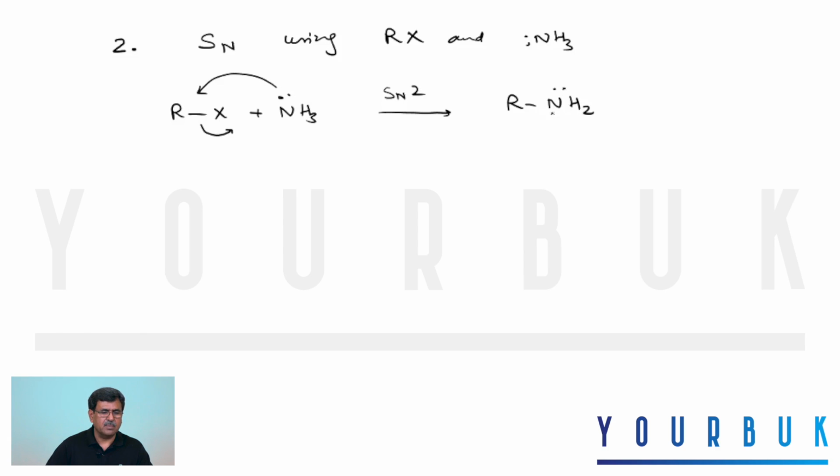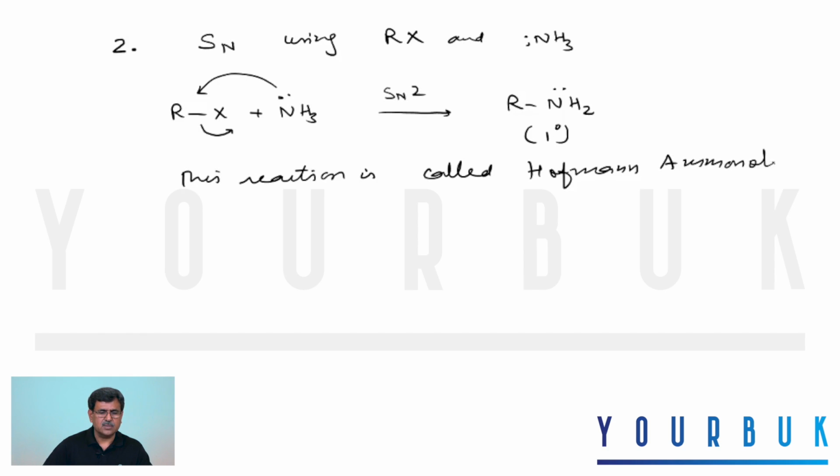Now this is a primary amine. So this is a reaction involving the breaking of the C-X bond. This reaction is called Hofmann ammonolysis. So we are breaking the bond with the help of ammonia. That's why it's called ammonolysis.